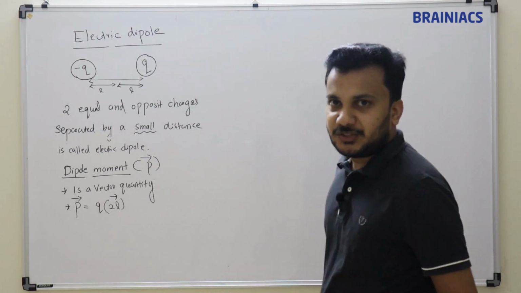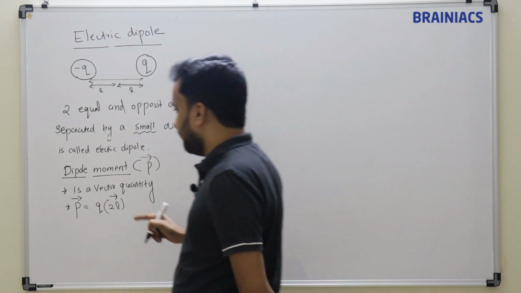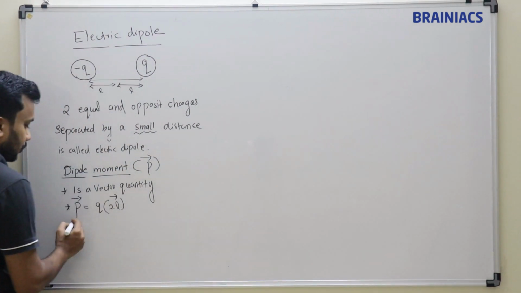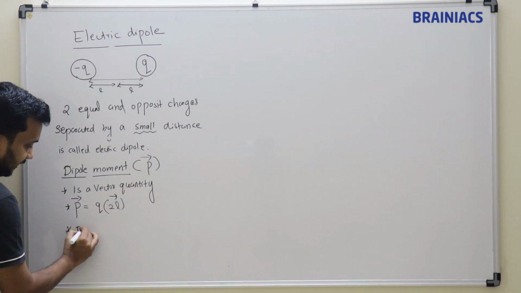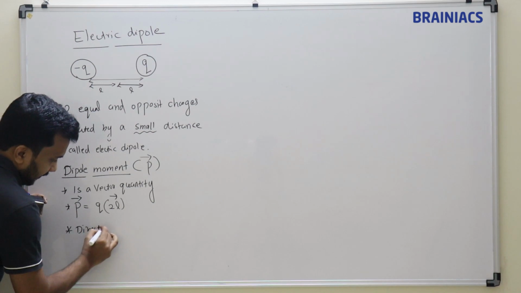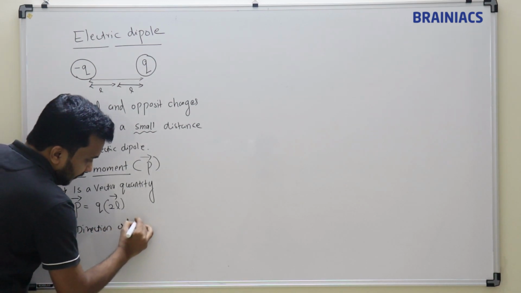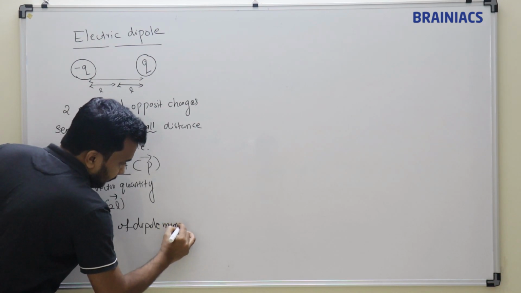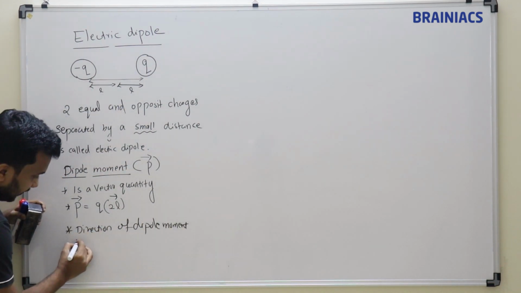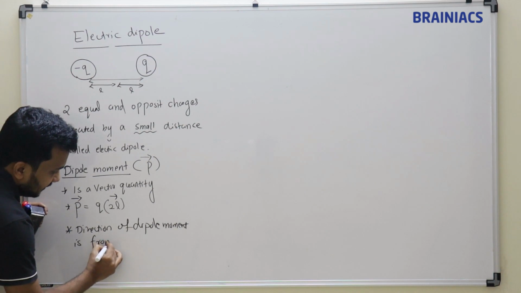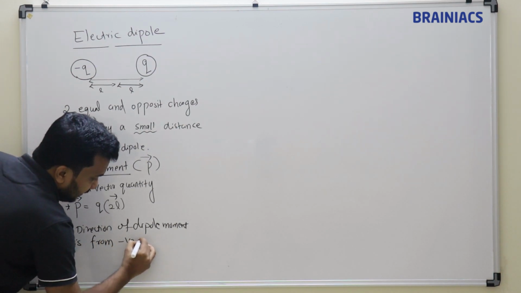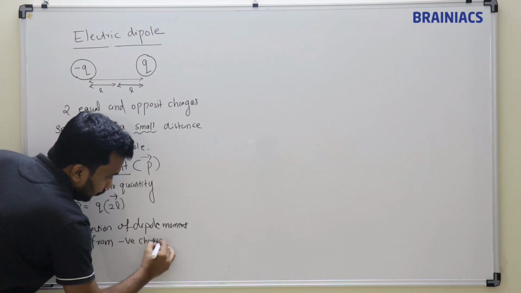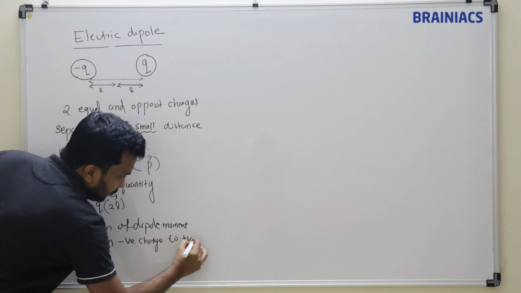Now the question is, what is the direction of dipole moment? It is a vector quantity. So write the next point, direction of dipole moment. Direction of dipole moment is from negative charge to positive charge.